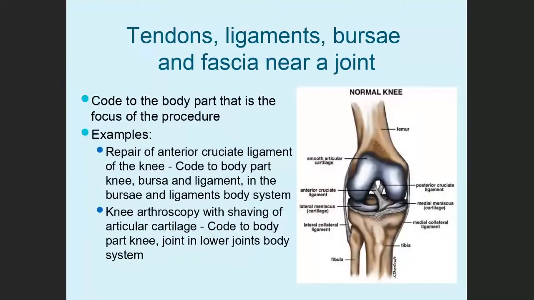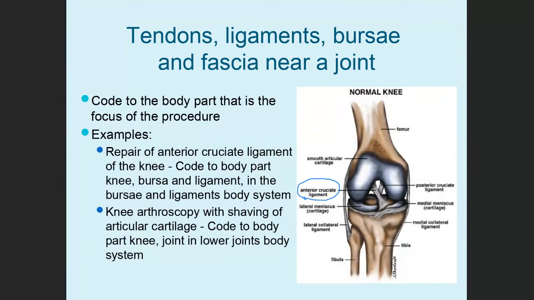There are also special guidelines for tendons, ligaments, bursae, and fascia near a joint. What you need to do is look at the procedure and see what the focus of the procedure was. What was the point? What were they trying to do? Here's an example: repair of anterior cruciate ligament of the knee.